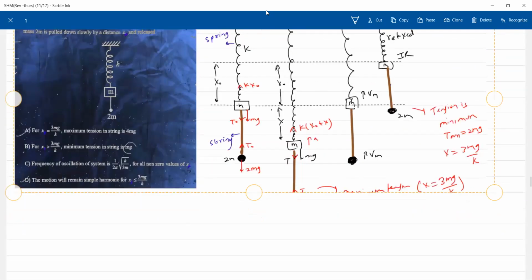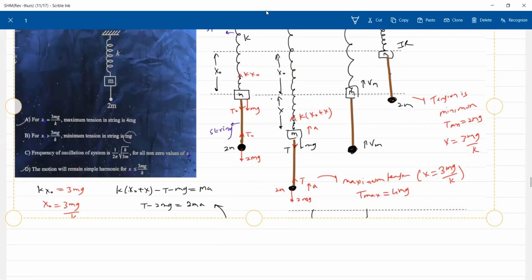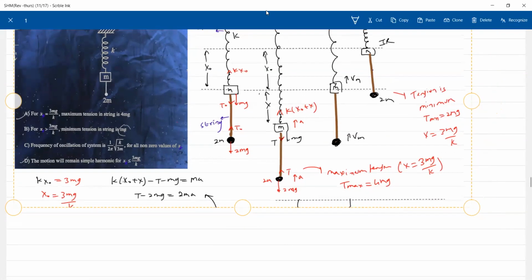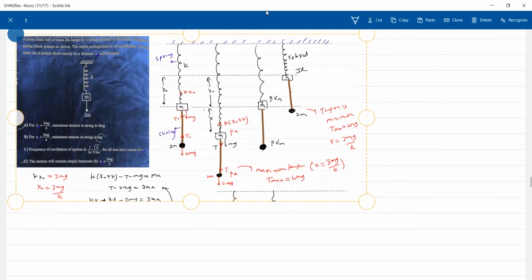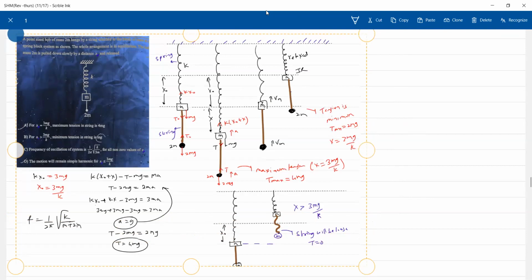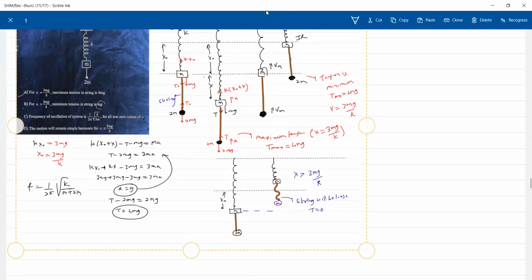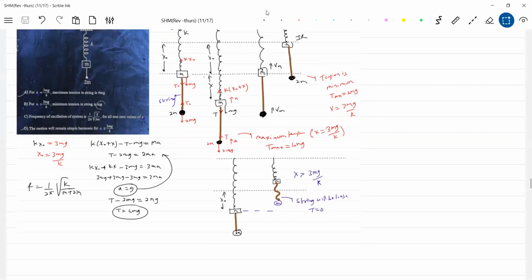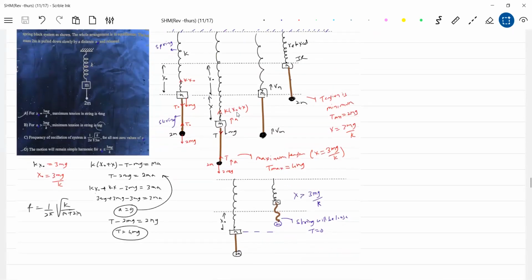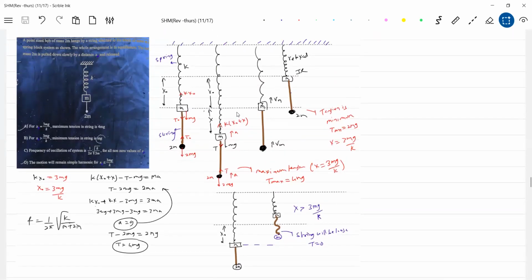Why read so many? Just see the diagrams. I thought diagrams will at least help you to understand the question. This came in the weekend exam, if you can remember.